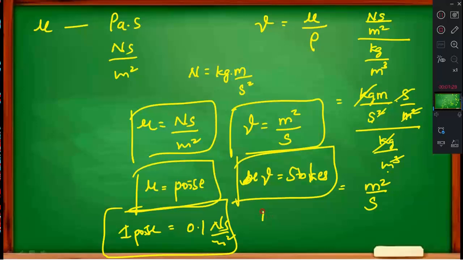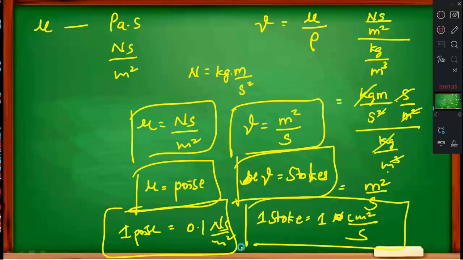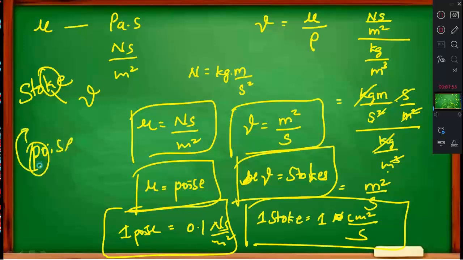But 1 Stoke is equal to 1 centimeter square per second. Now how to remember this one? Stoke has a K inside, therefore this belongs to kinematic viscosity. Poise is written like this, and this P reversed looks like a D, therefore it is for dynamic viscosity.